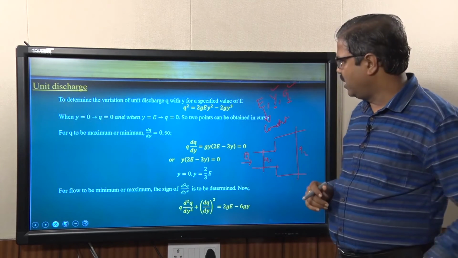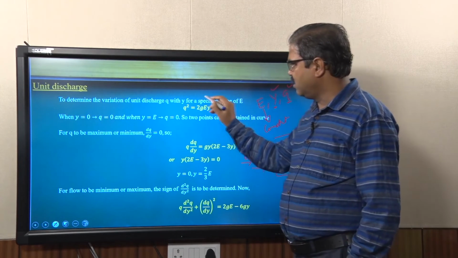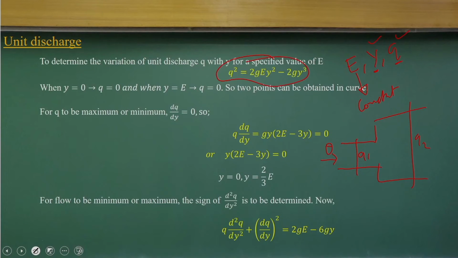That is the concept we are looking at. In the same way, we have written the specific energy equation in terms of Q, the discharge per unit width, which we also define as the unit discharge. Again, when the depth is equal to 0, Q is equal to 0, no doubt about that.